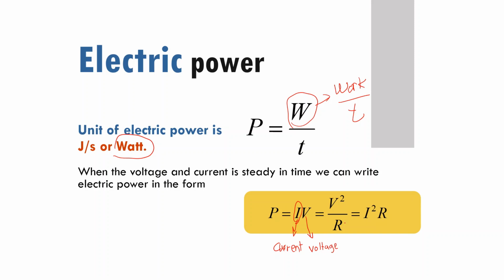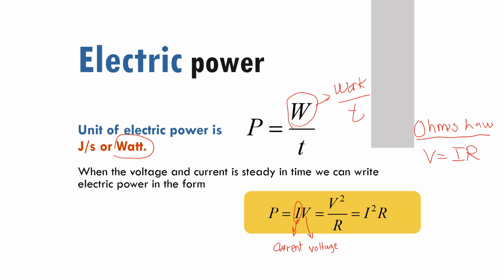Or this equation, V squared divided by R. We have a law in electricity called Ohm's law. It is the relationship between V, I, and R, which is V equals IR.